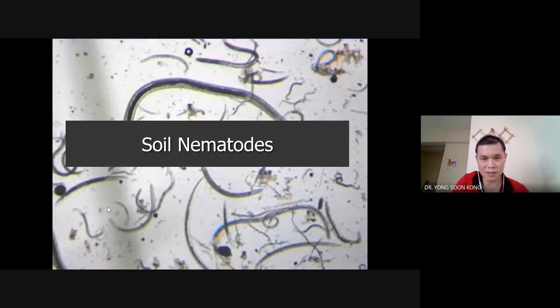Okay, next part is soil nematodes. In other words, you can call them soil worms, the microscopic ones. But this is what you can see. Behind this light, there is actually a microscopic image where, if you look carefully, some of these nematodes are bigger, some of them are smaller. Why is that?